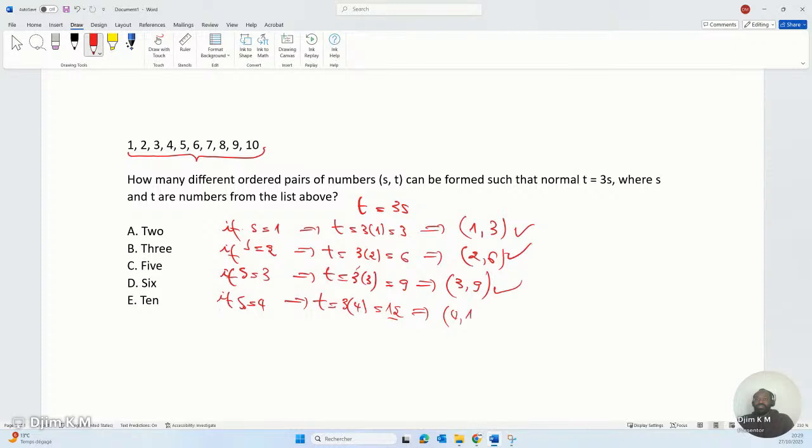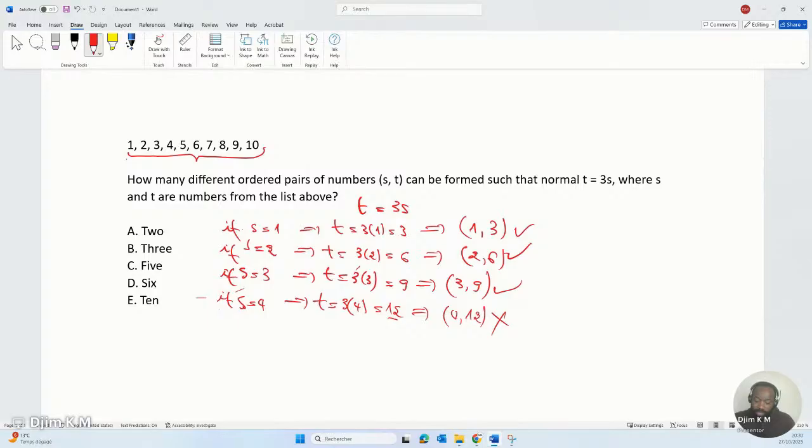So this will not be part. The more we increase the value of S, the more the value of T increases. And we see that this list of numbers is incremental, because the more we move to the right side, the numbers are increasing.